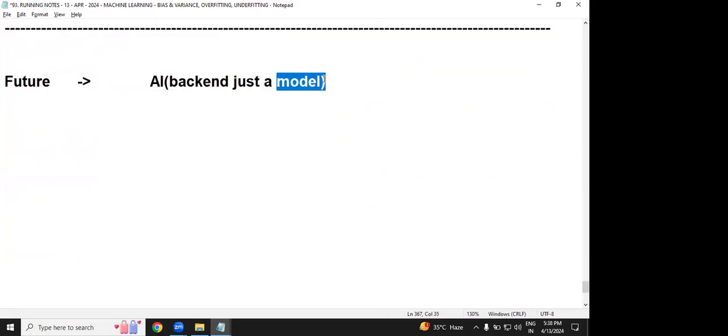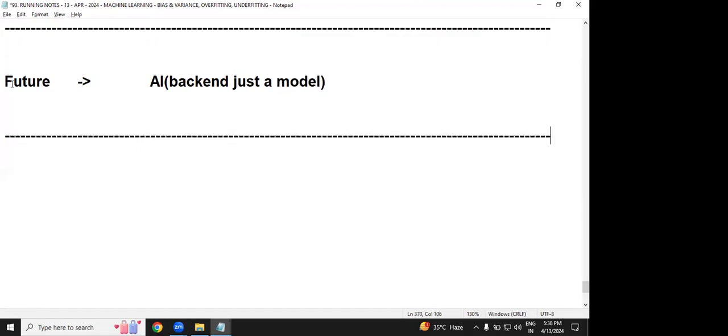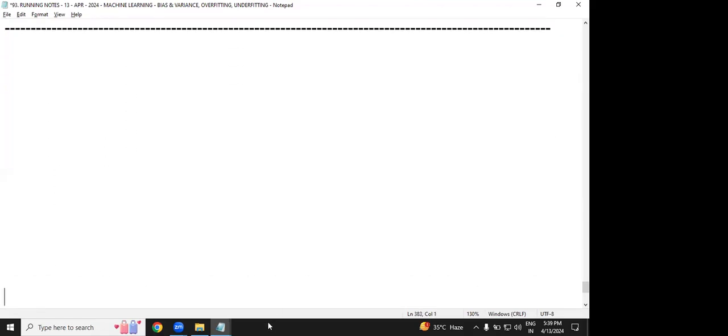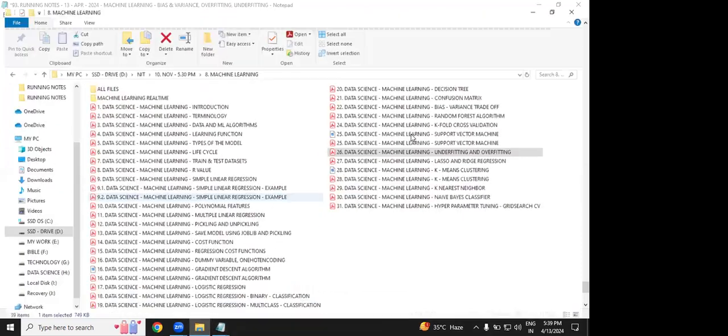A model will bring the answer, reply with the answer, and that too an accurate answer. Keep in mind that AI means a group of models. ChatGPT has a lot of models. Good. All right. Let me open the material, please.